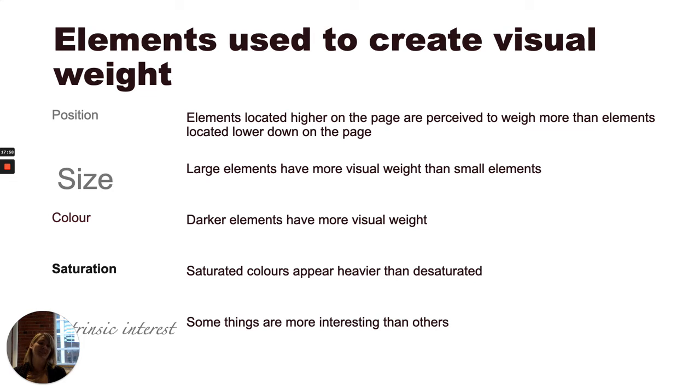Now, some of you might be thinking, well, that's not where my eyes went. My eyes went to whatever page first. The bottom line is there aren't really any hard and fast rules when it comes to this. It really depends on how all these elements are laid out together.